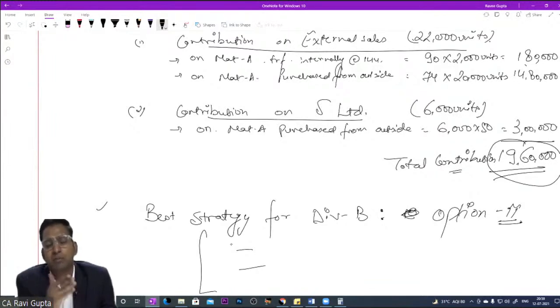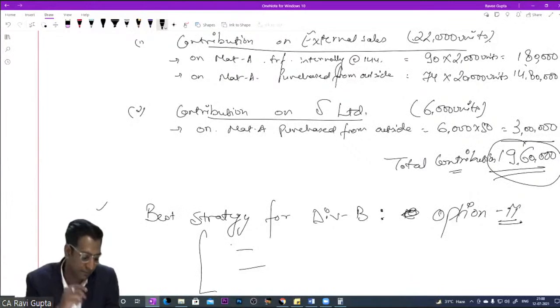From session number 3 onwards, we will be covering those questions which ICAI has been asking in your examination. That means we have to analyze and use theory, in an analysis and evaluation manner.